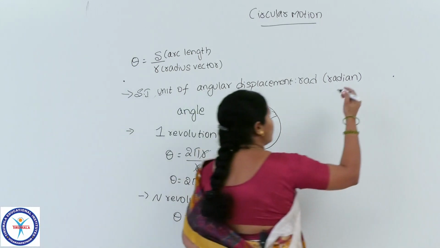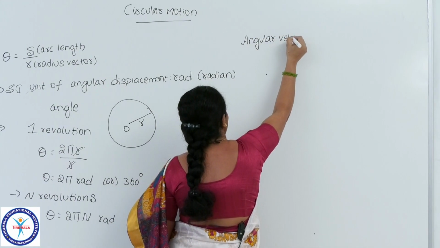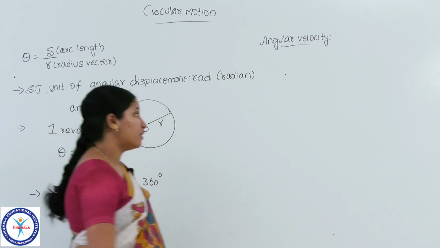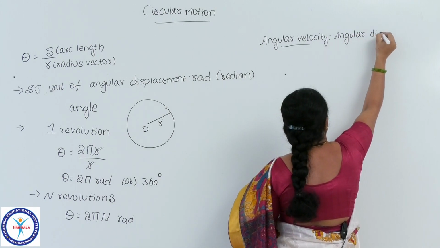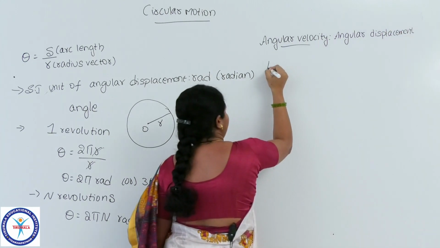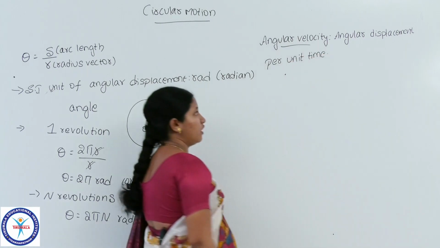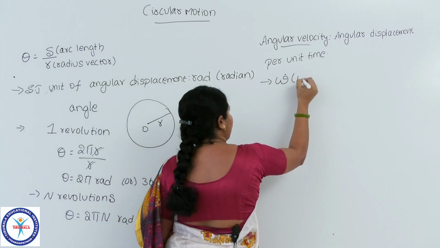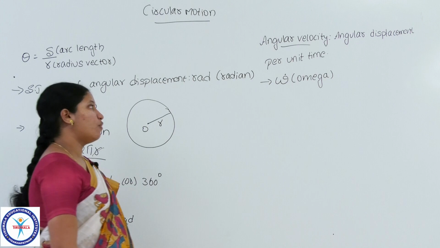So now let us go to angular velocity. What is angular velocity? It is nothing but the angular displacement per unit time, and this angular velocity is denoted by the letter omega.